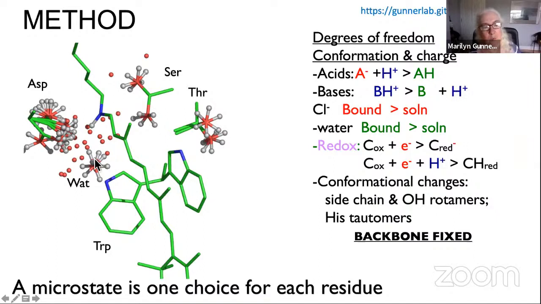When we have explicit waters, they have lots of hydrogen bond positions. Every acid and base can change protonation state. We can do small molecules, which can be, say, a chloride, or if we are doing explicit waters, they can leave the protein. We do redox states, but we do have a rigid backbone.